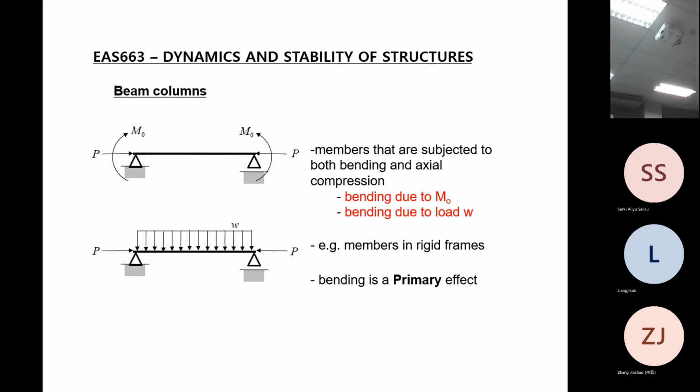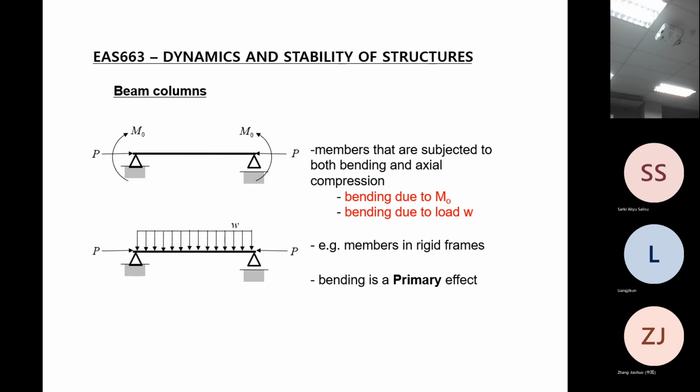And where can we see these kind of members is in frames. When you look at the frame structure, you have vertical member, horizontal member, inclined member subjected to vertical loads and lateral loads. So those members in the frame are example of beam column member, okay? Because they were subjected to both bending and compression.